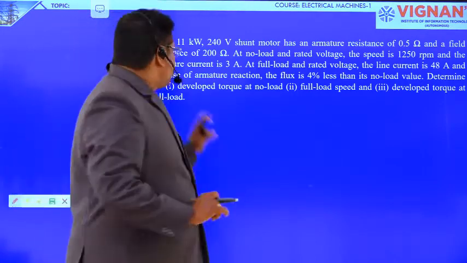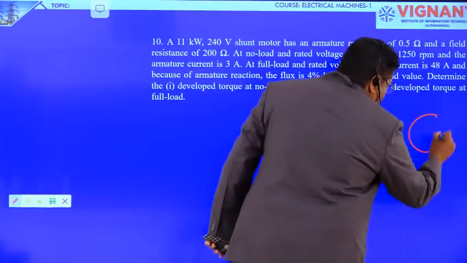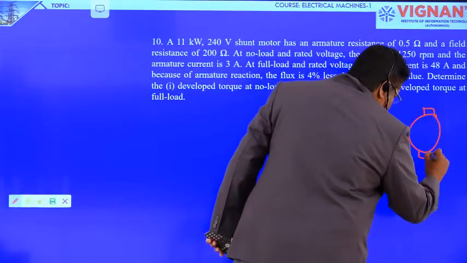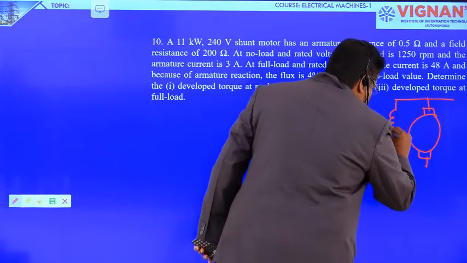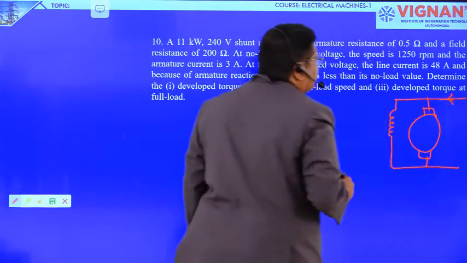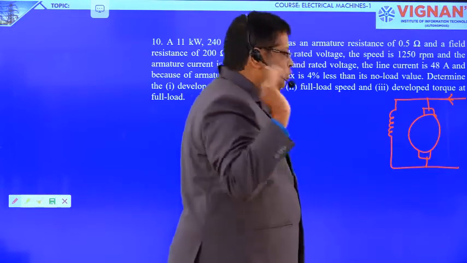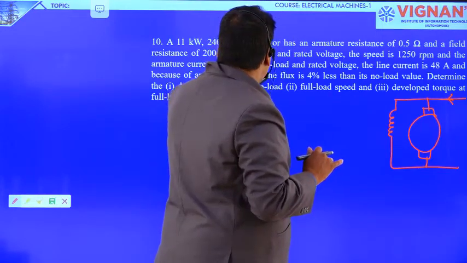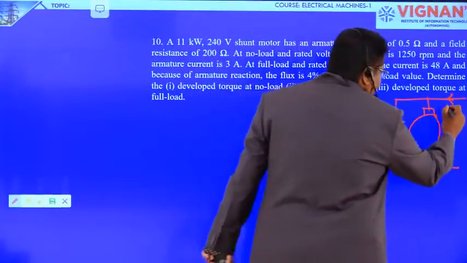See here, the motor given is a shunt motor. Draw the circuit diagram of the shunt motor. How much current is taken at no load? Here two cases are there: one is no load, another is full load. At no load, it is taking a current of 3 amperes.